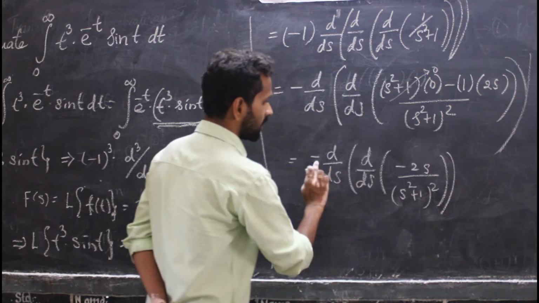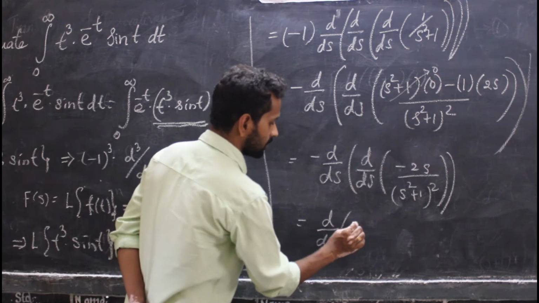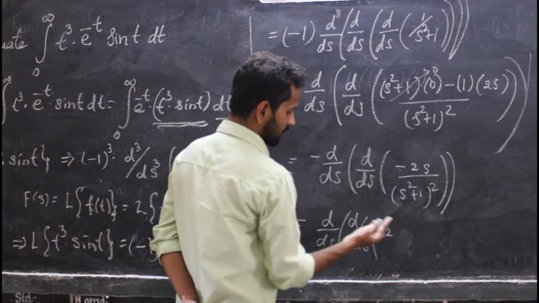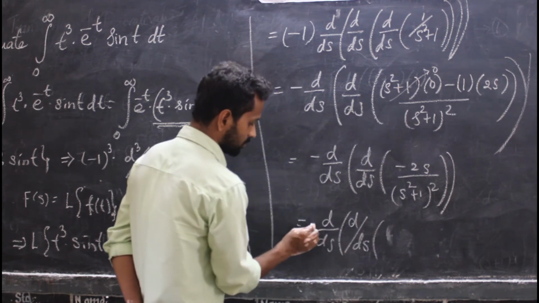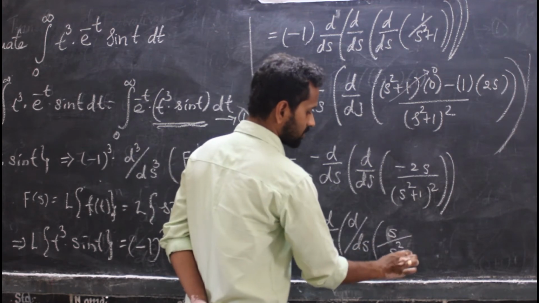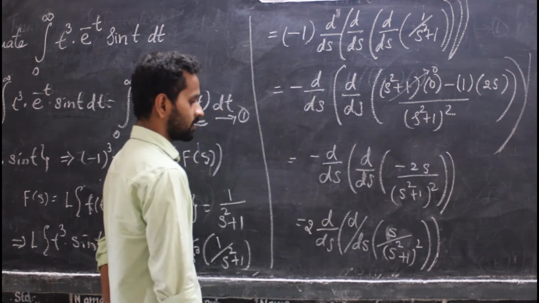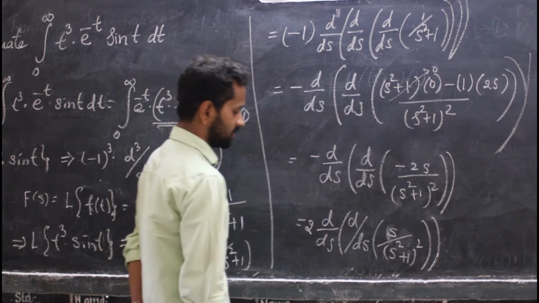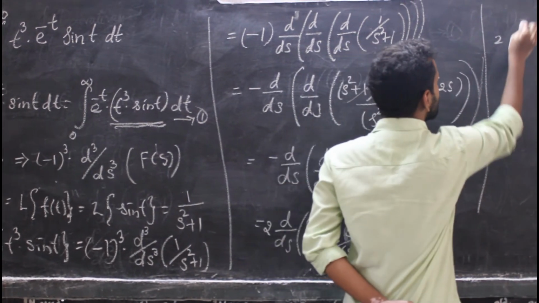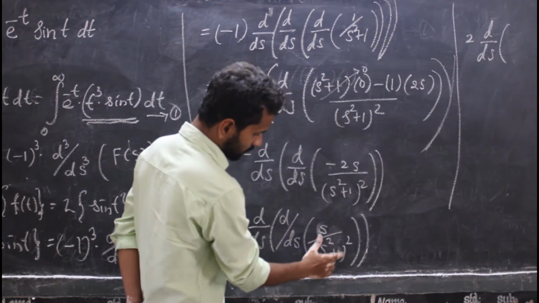Is it clear? So now minus into minus plus, this becomes d by ds of d by ds of 2s divided by s square plus 1 whole square. 2 is also constant. If I take 2 outside, no issue, so this becomes s divided by s square plus 1 whole square. Is it clear? So now this will be taken to next step. So this becomes 2 into d by ds of differentiation of s by s square plus 1 whole square.